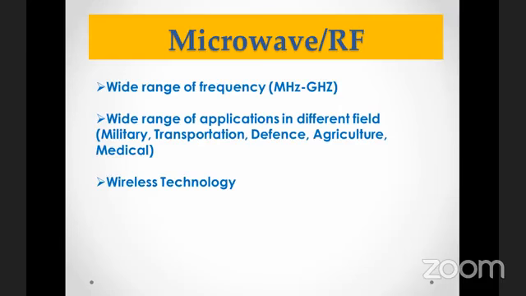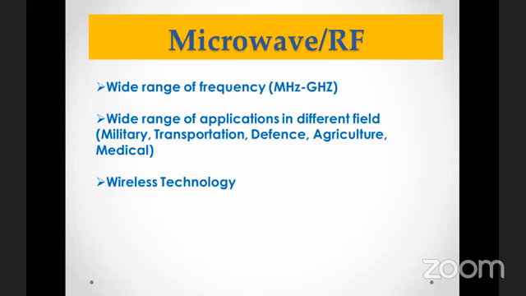They can be divided into three categories. Microwaves give us a wide range of frequencies, megahertz to gigahertz. So what? It can provide very good accuracy. You can go for a very good amount of precision. If you increase the frequency, your precision increases.